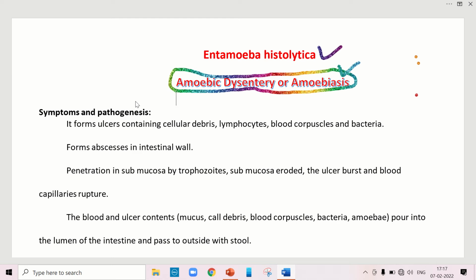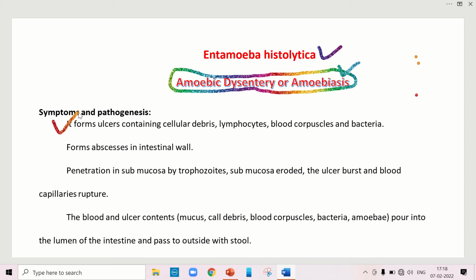So by eating the intestinal wall, Entamoeba histolytica enters the submucosa layer, and there they can multiply by binary fission and spread radially outwards to form ulcers. And these ulcers contain cellular debris, lymphocytes, and blood corpuscles, and bacteria are also found in those ulcers.